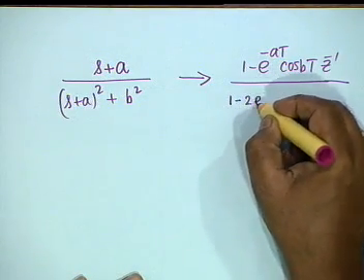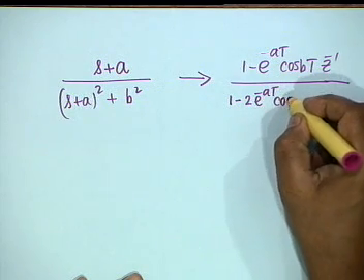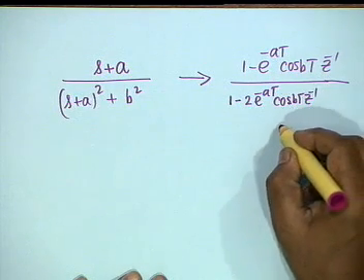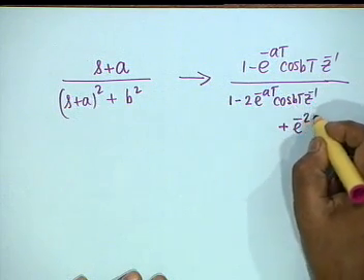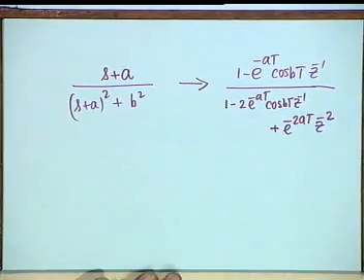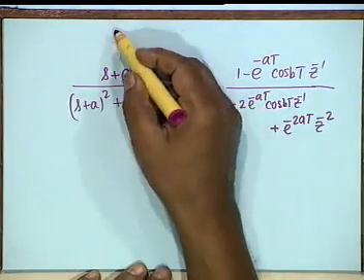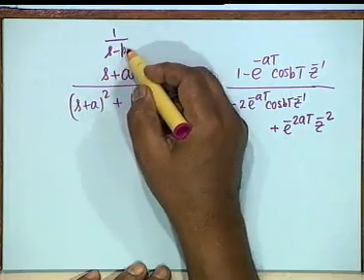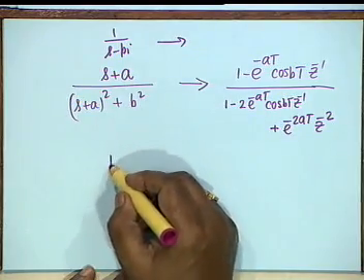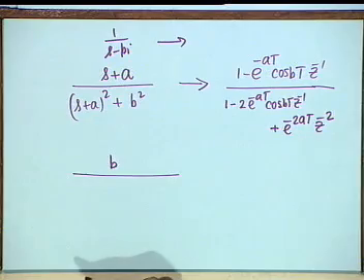Divided by 1 minus twice e to the minus aT cosine bT z inverse plus e to the minus 2aT z to the minus 2. Okay. So, you know what 1 by s minus p_i goes as, you know what this goes as, and the other thing that you require is b divided by, that is if the numerator is a constant.